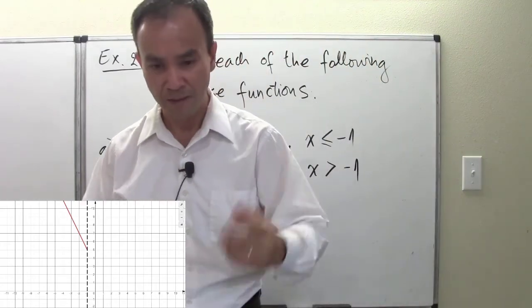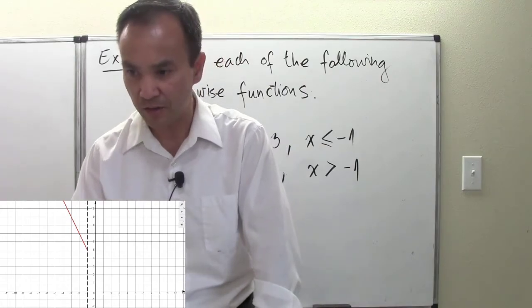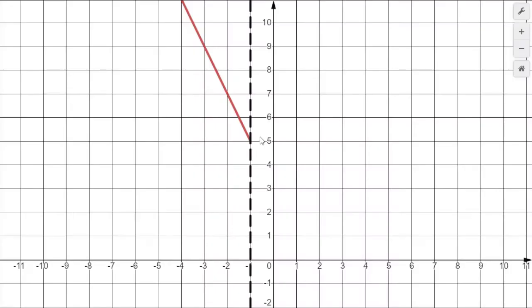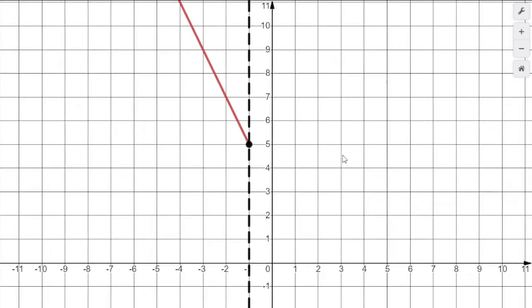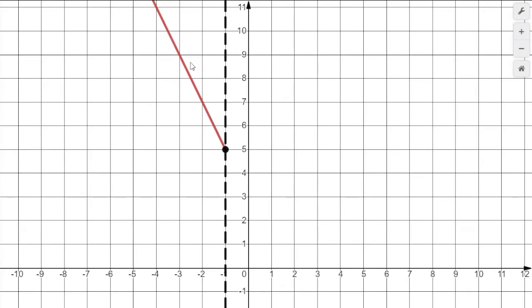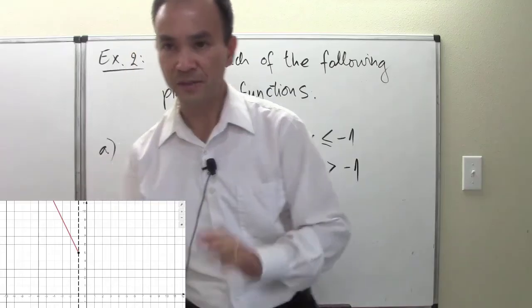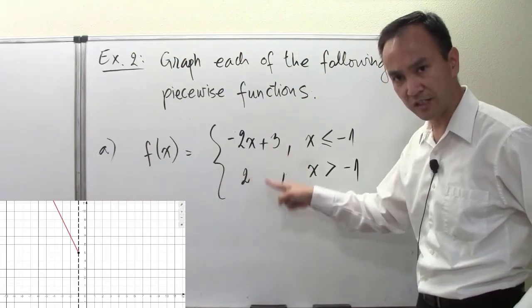So with simply a pencil, we can just put a solid point right there. I'm unsure, but it has to be some point there, so now I'm going to change that to a solid point. Okay, so that's the idea. So now at least I know that I have completed my first piece of this piecewise function.